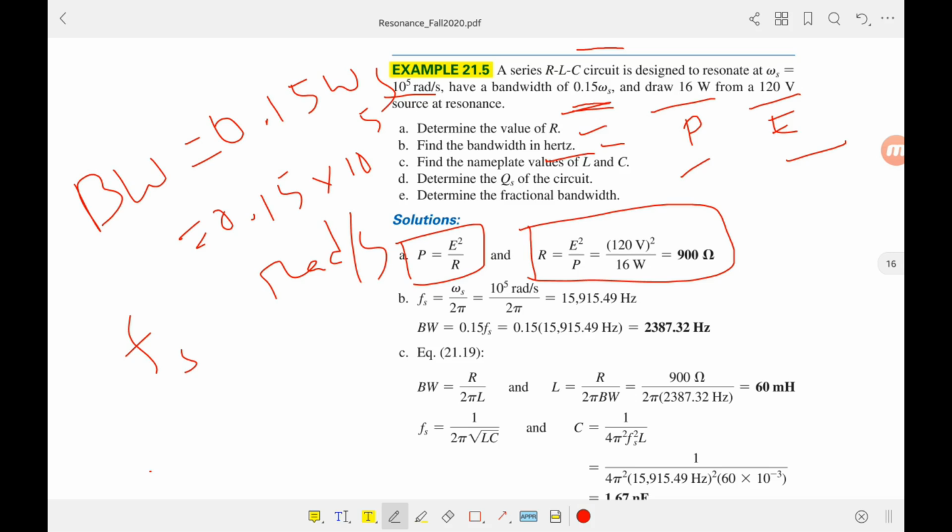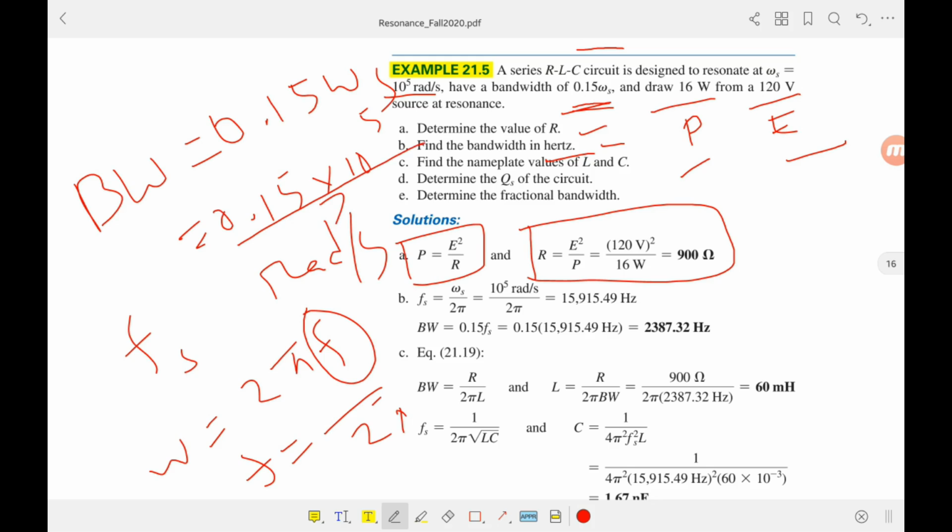You probably know that omega equals 2 pi f. So in hertz, it equals radian per second over 2 pi. That means you need to divide this by 2 pi. So this calculation is given here: this radian per second is divided by 2 pi, and then multiplied by 0.15, because the bandwidth was mentioned as 0.15 into omega s.